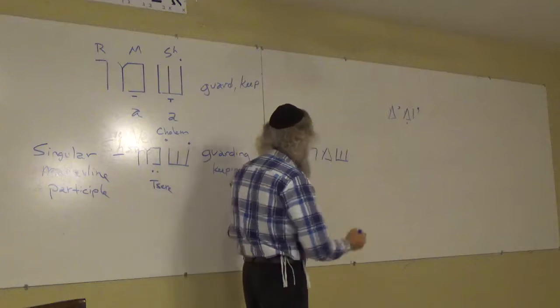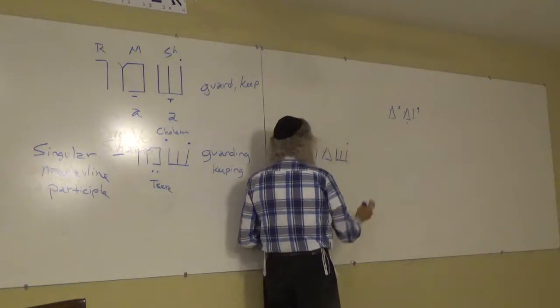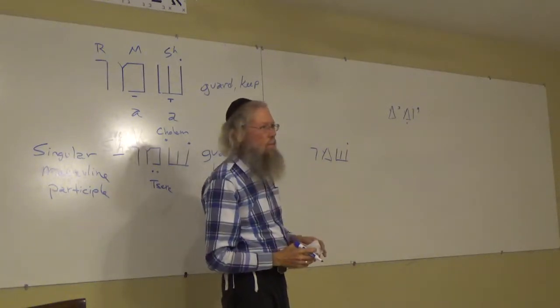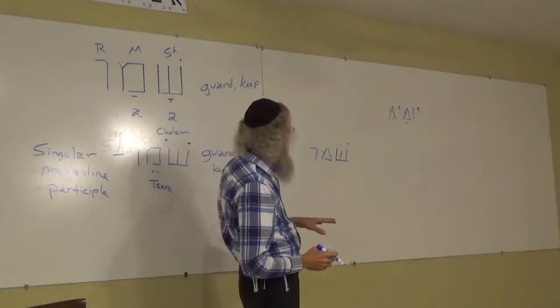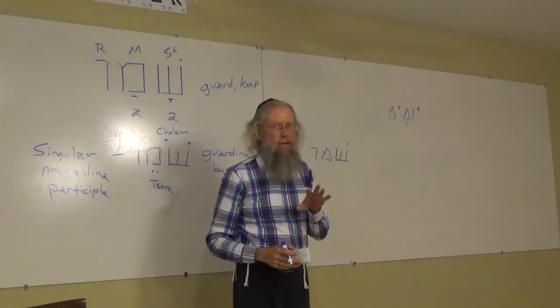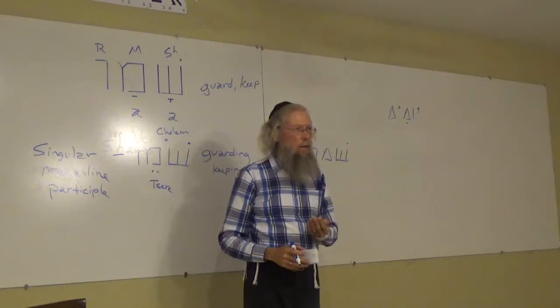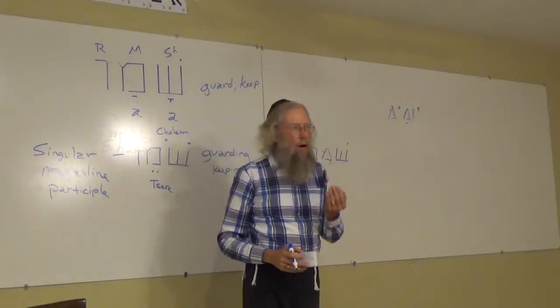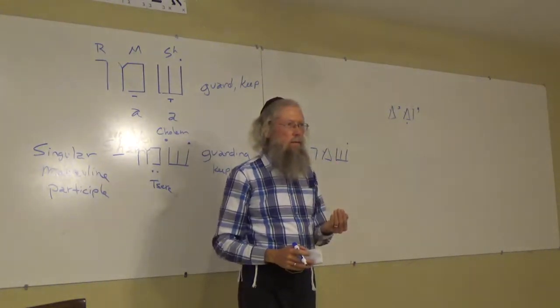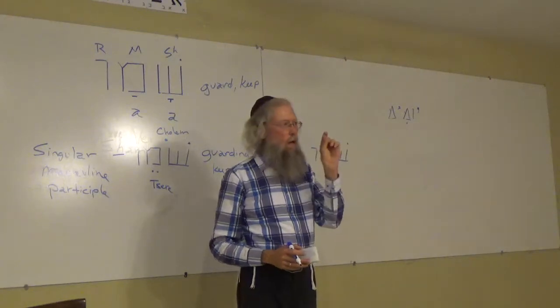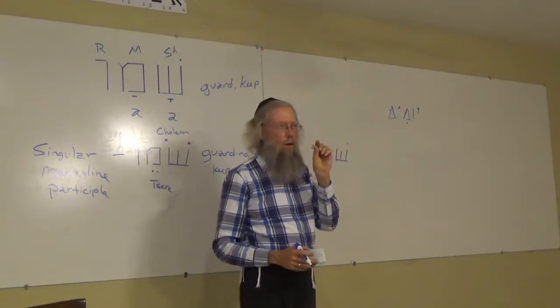Shomer. You're changing it, right, to match the noun. Yes. But before I get there, because it's a participle, the cholem stays. That should be a key, a clue to you.